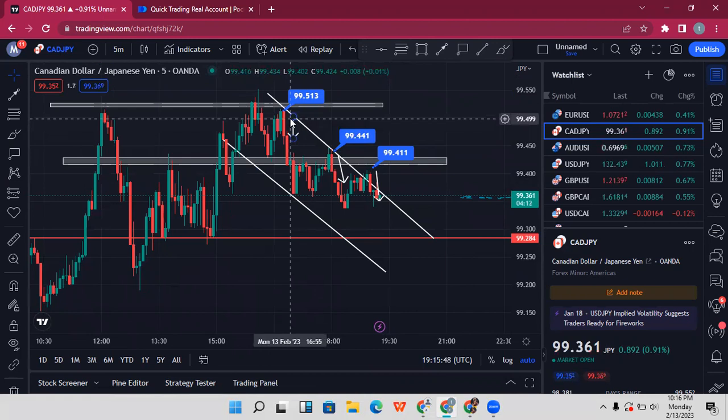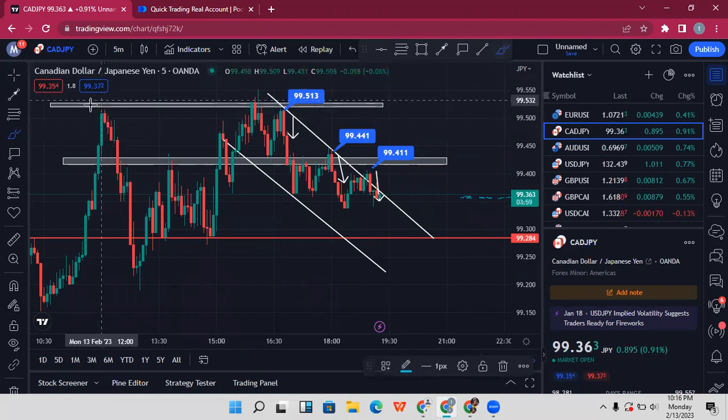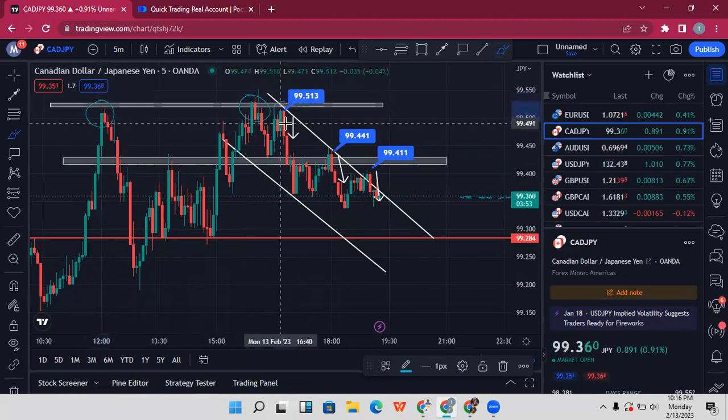First, remember to have your charts in the 5 minute time frame. If you take a look at the 5 minute time frame here, you're able to see double tops forming very clearly. Our first retest of our support level was this, the second retest was this, and the third retest was this. So this confirms a double top.